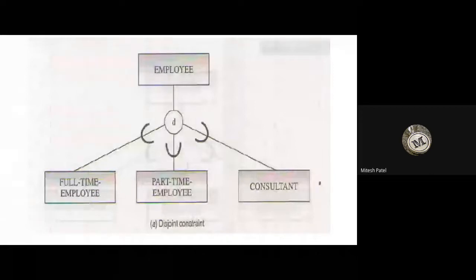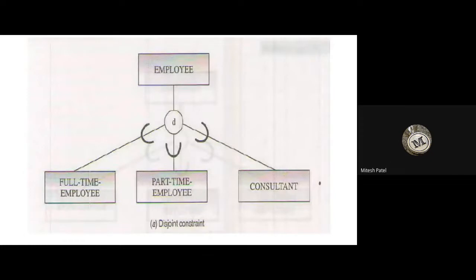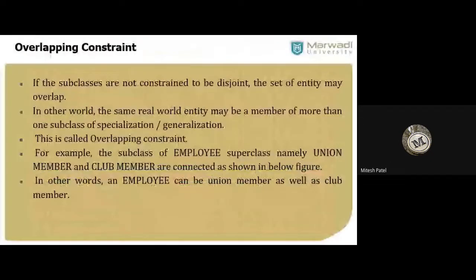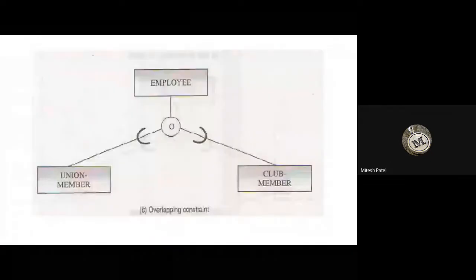If the employee is doing full-time and part-time, then it is an overlapping constraint. An employee can be a union member and a club member. Like a student can be a student and CR, right? A teacher can be a subject faculty, class coordinator, maybe a HOD, like this.